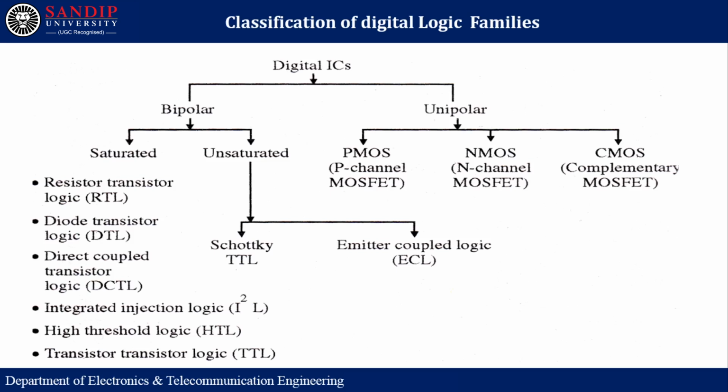The saturated are RTL, that is resistor transistor logic, DTL diode transistor logic, DCTL direct coupled transistor logic, integrated injection logic I2L, high threshold logic HTL, and transistor transistor logic TTL. And the unsaturated are further classified into Schottky TTL and emitter coupled logic ECL.